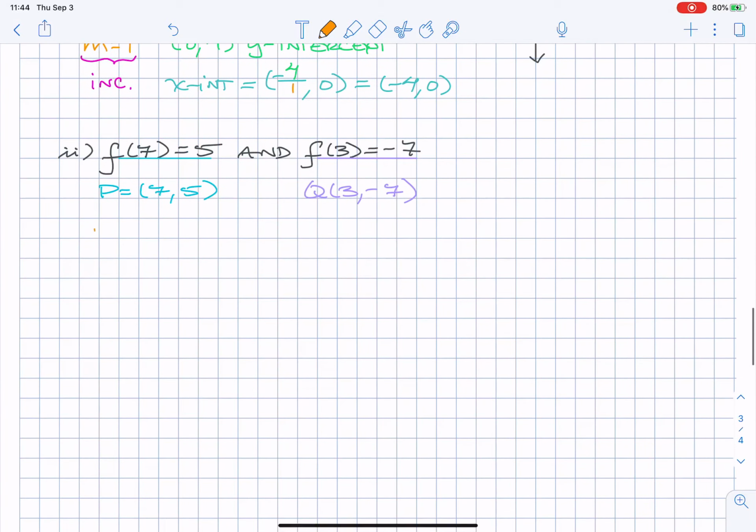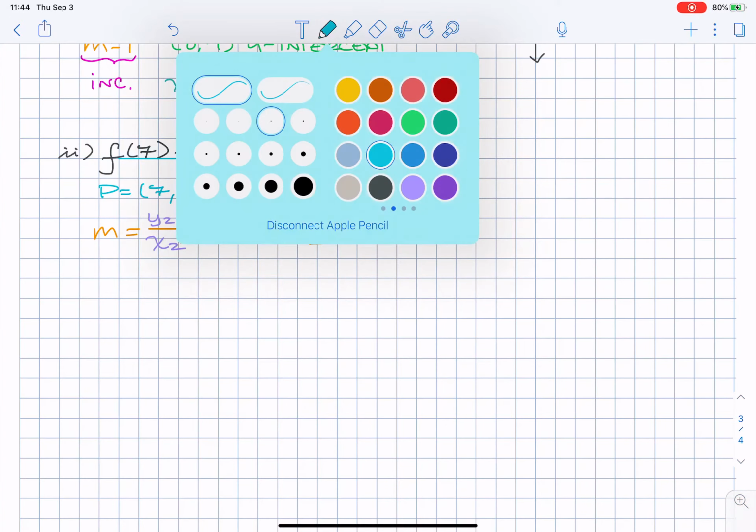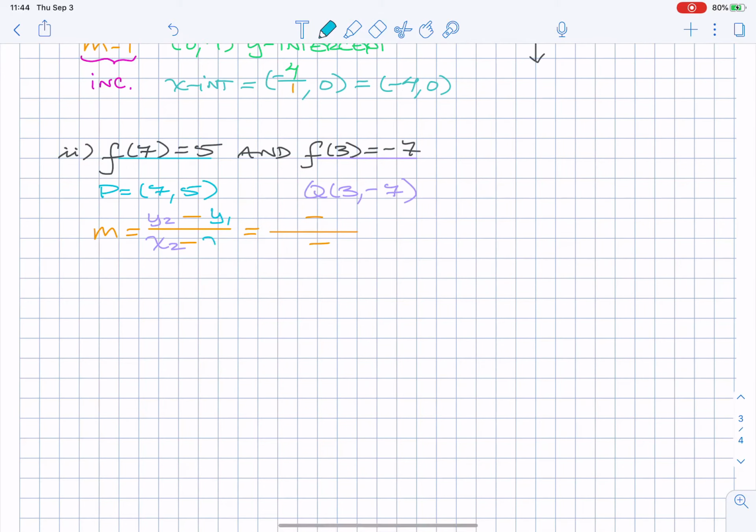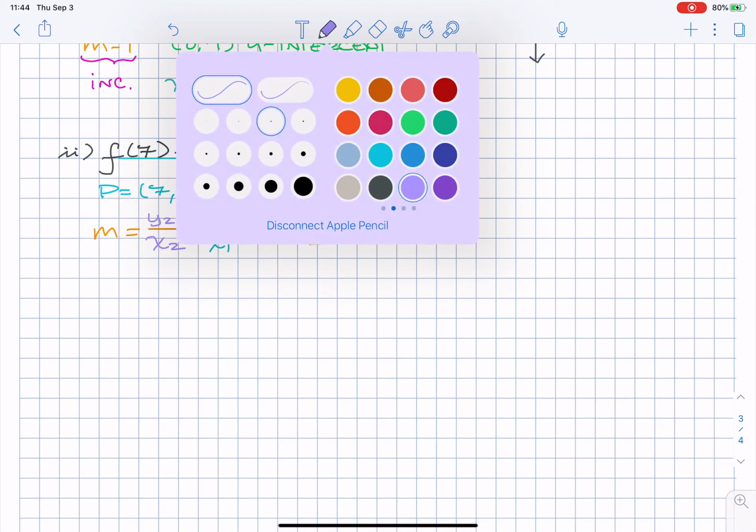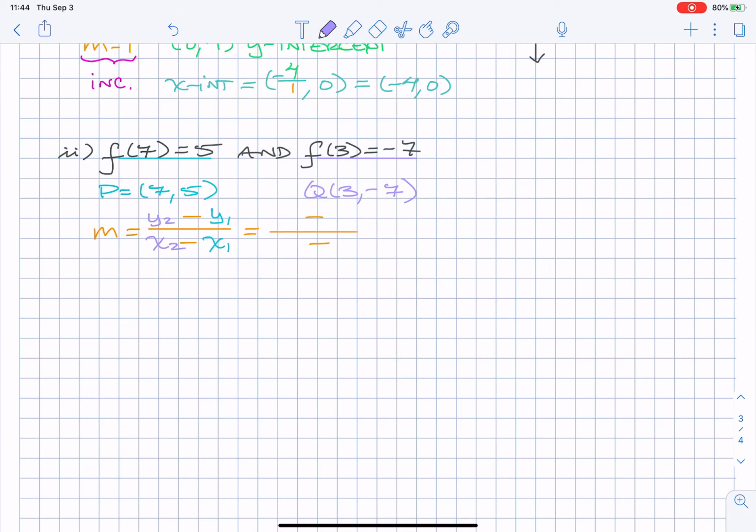So our slope will be the change in y over the change in x, namely y2 minus y1 over x2 minus x1. That's going to give us negative 7 minus 5 all over 3 minus 7. So what's that? Negative 12 over negative 4, or 3.